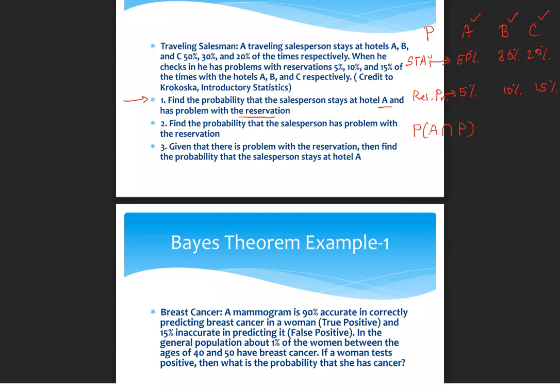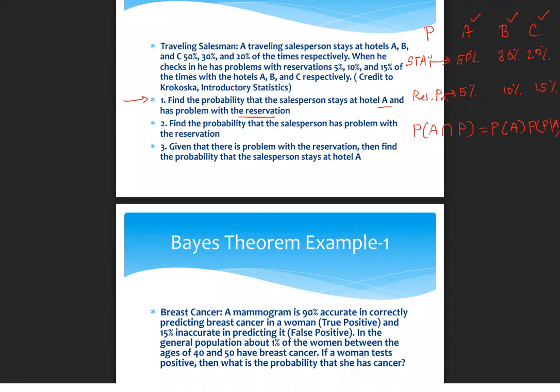So that is gonna be probability of A times the probability of P given A. That's one way of doing it.